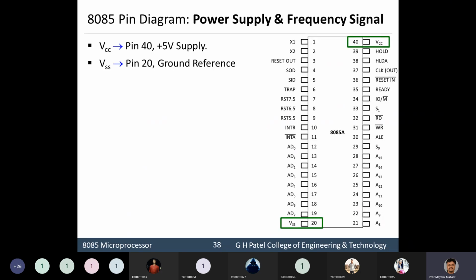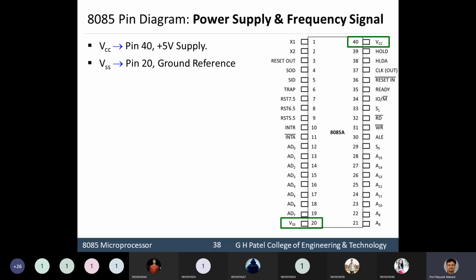The other section is the power supply and the frequency signal. We talked about two pins: pin number 40 is for VCC. Our 8085 microprocessor operates on 5 volt DC, so we provide this 5 volt supply at pin number 40.